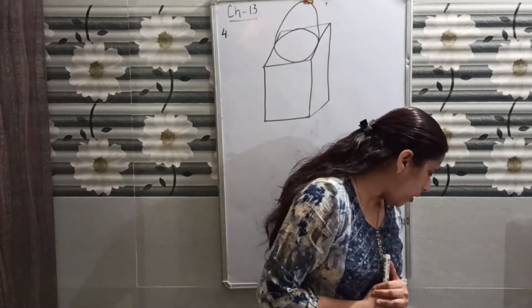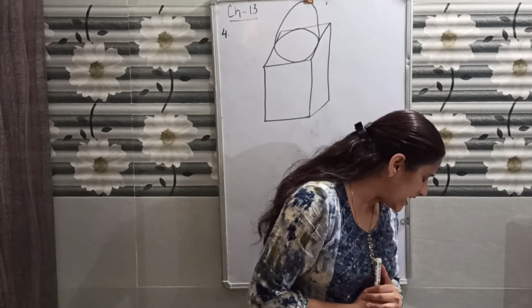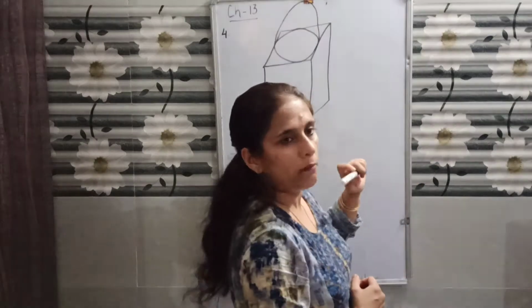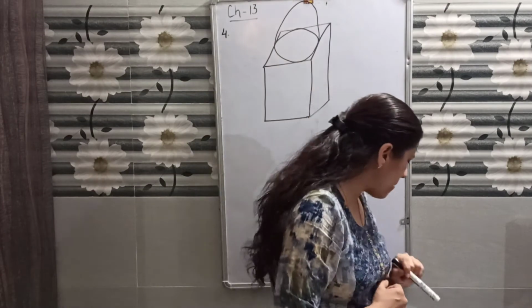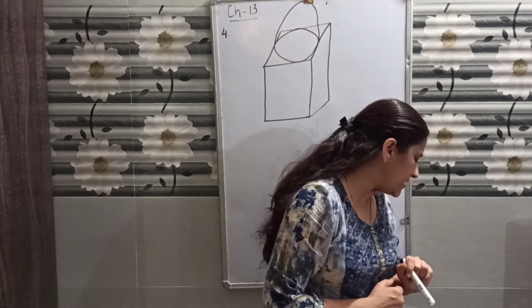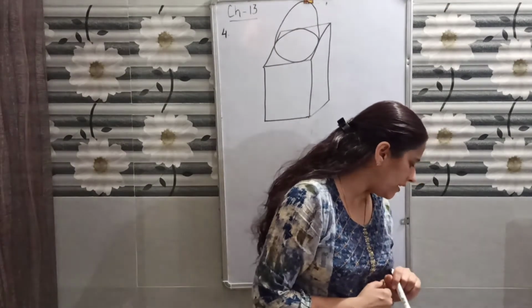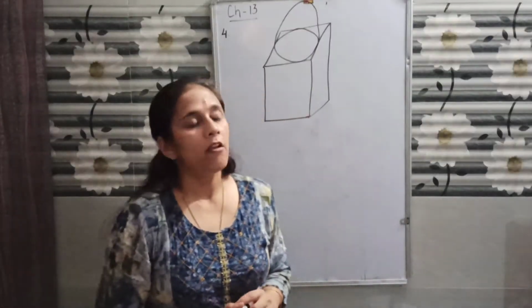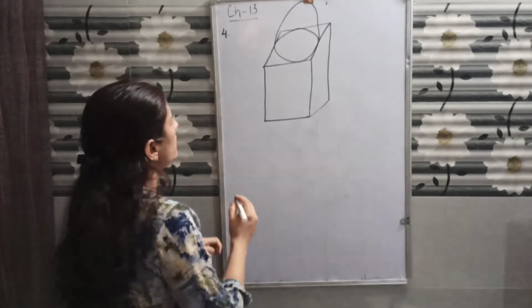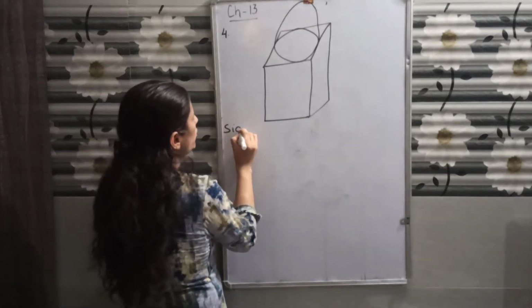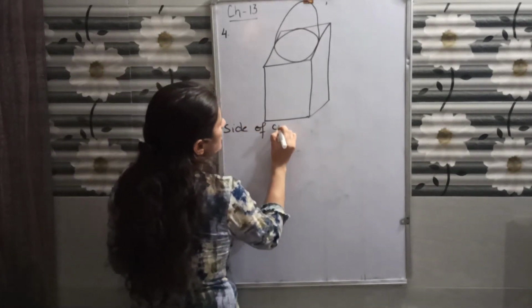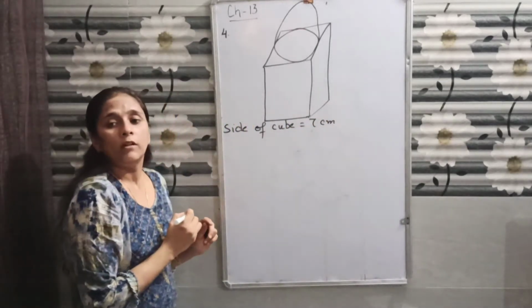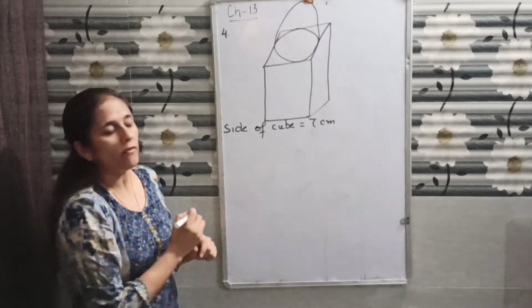Now let us discuss question number 4. A cubical block of side 7 centimeter is surmounted by a hemisphere. What is the greatest diameter the hemisphere can have, and find the surface area of the solid. You are given the side of the cube as 7 centimeter, and they are asking you to tell the greatest diameter of the hemisphere.